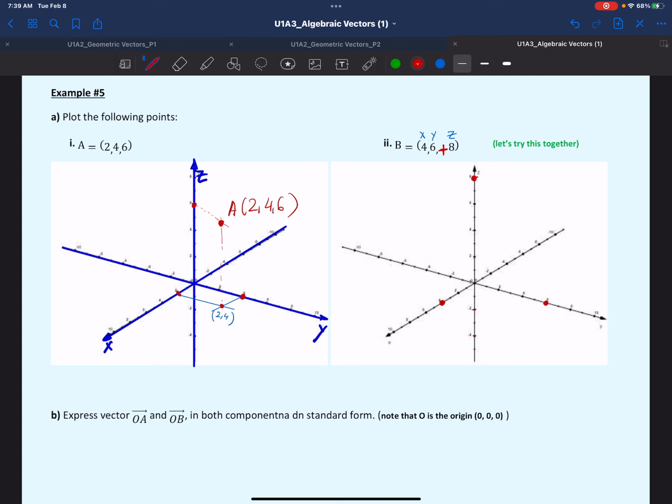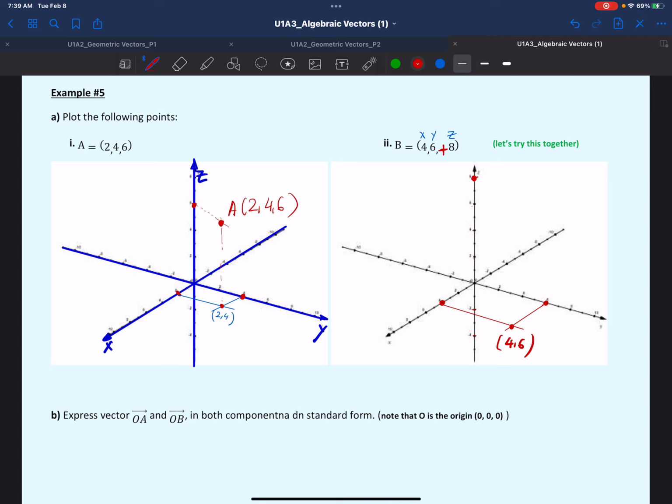Now I'm going to start by defining the point with coordinates x equals 4, y equals 6. And again, we do this by drawing the rectangle, which appears like a parallelogram in here. So this would be the point with x equal to 4 and y equals 6.